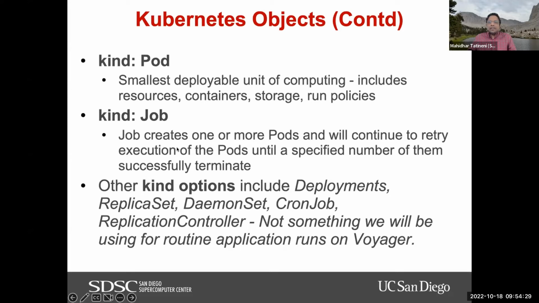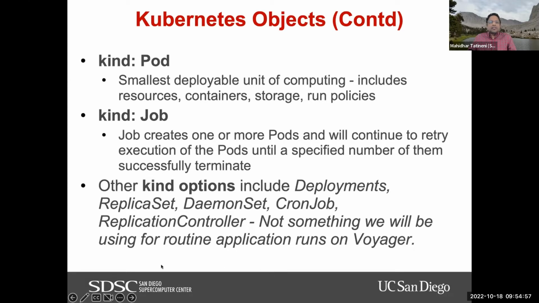There are a lot of other options because Kubernetes is widely used for deployments and services and so on that really don't apply to the way we are running on Voyager. But you have deployments, replica sets, cron jobs, and controllers, and all this provides redundancy and moves jobs around if something fails and so on.